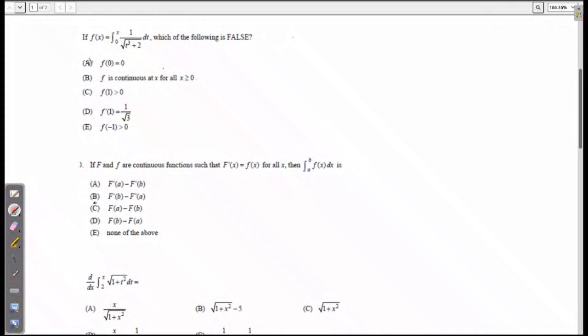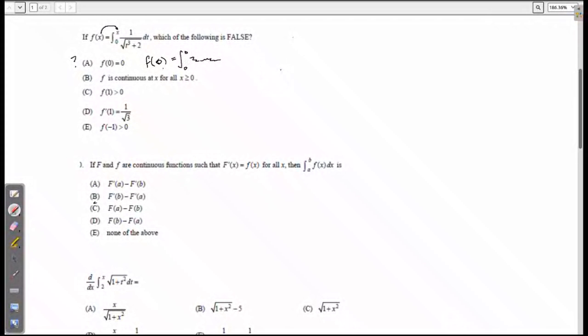And notice here, they're asking us, does F of 0 equal 0? Recall that F of 0 just means that I'm going to substitute a 0 in for this top limit. So I end up with the definite integral from 0 to 0 of, I don't care, because what happens when these limits are the same?